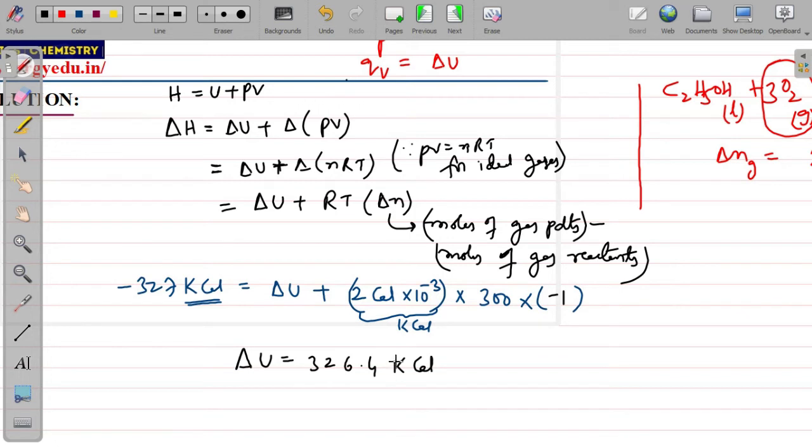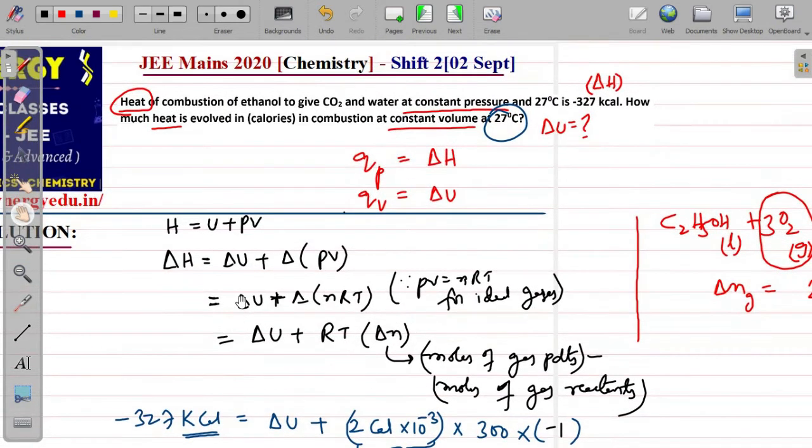So 326.4 kilocalories means 326,400 calories. This will be the answer for the given question, because they are asking the answer in terms of calories, so we also have to give the answer in calories.